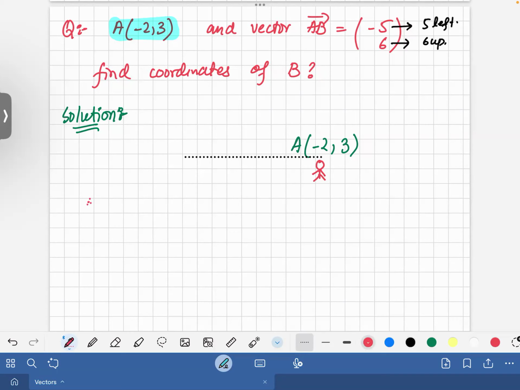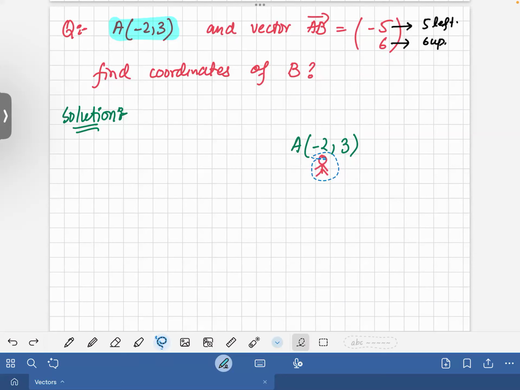Some students say they did not understand, so please everyone pay attention. I'm starting one more time. Are you guys ready? Yes, sir. So I'm standing at -2. Any problem? No, sir. According to the question, it goes 5 left. Agree or not? Yes, sir.